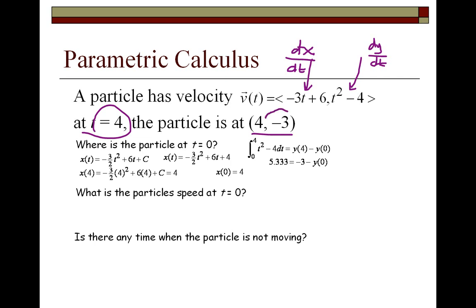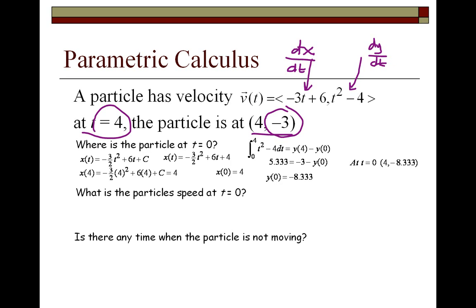Again, we were told that y of 4 equaled negative 3. So I can add 3 to the other side, I get 8.33, and then change signs. You get y is equal to negative 8.333. Now make sure you do answer the question. So at t equals 0, my position is 4 comma negative 8.333.